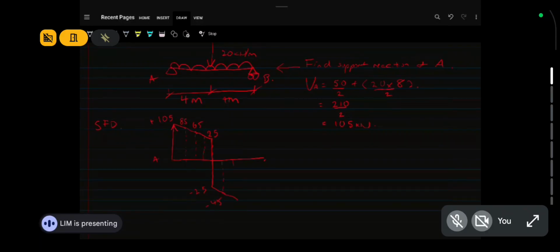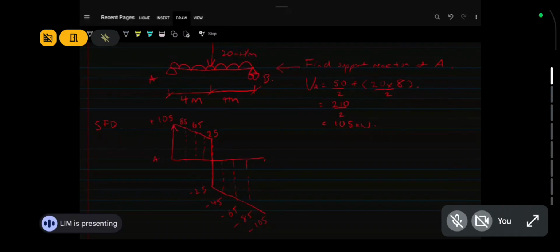I go again, I lose another 20, minus 65. I go 1 more meter, I lose another 20, minus 85. And then up to the end, this is 4 times 4 meters, so minus 80, so minus 105. Agree?